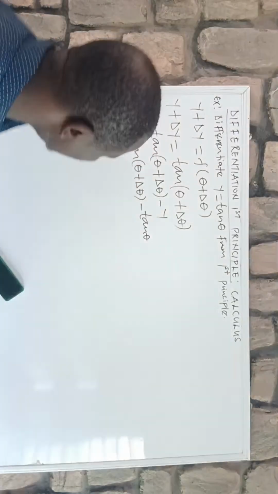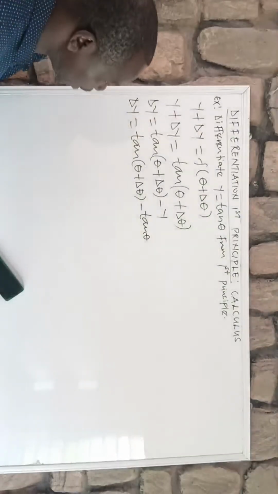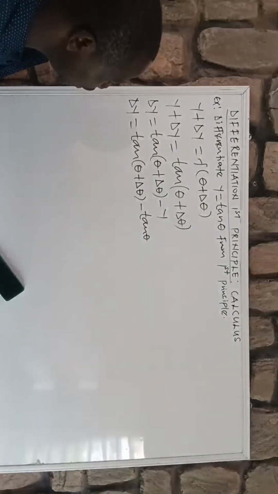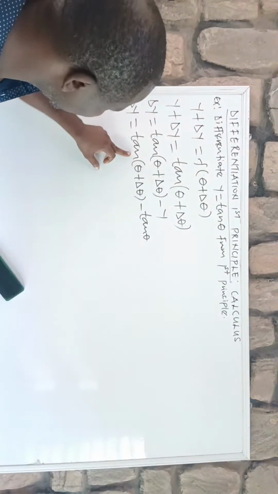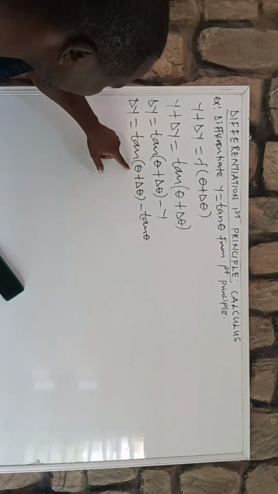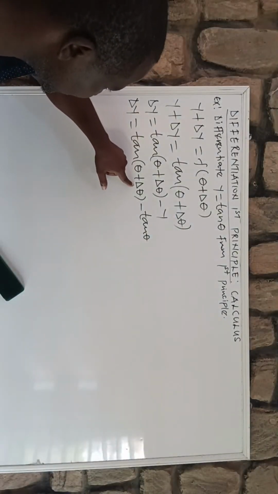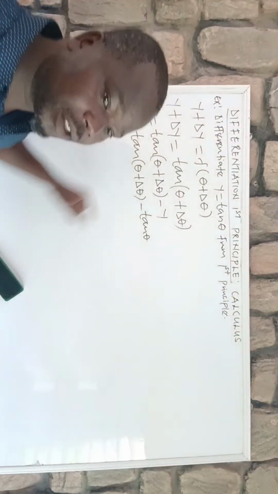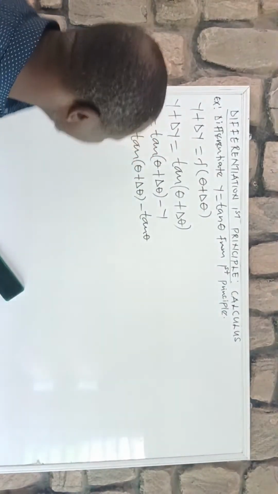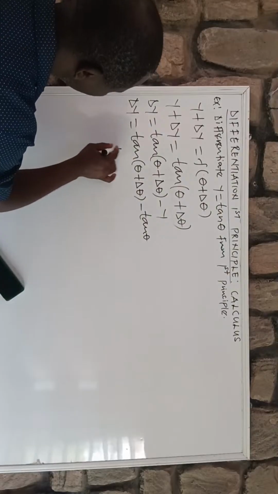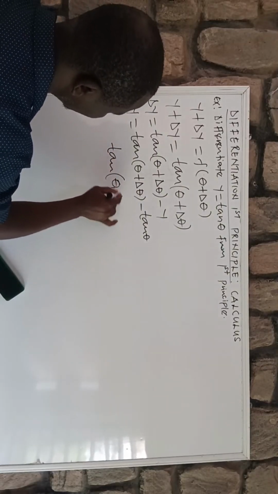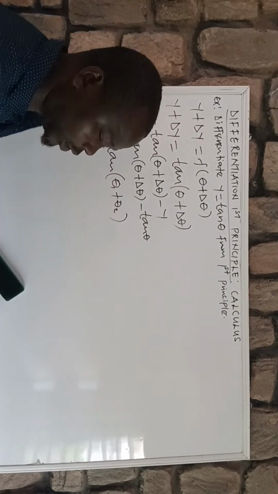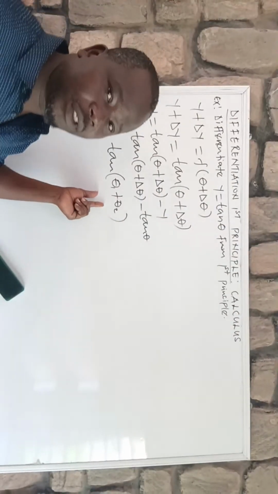Okay, so if you agree with me, when we have tan open bracket theta plus delta theta, let's go back to our trig formula. You know that they make use of tan theta 1 plus theta 2, true or false? Talking about two angles, isn't it?